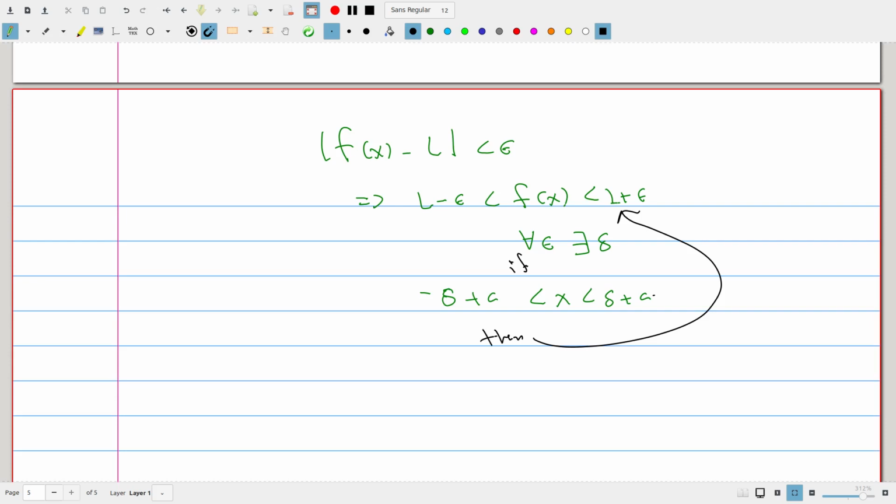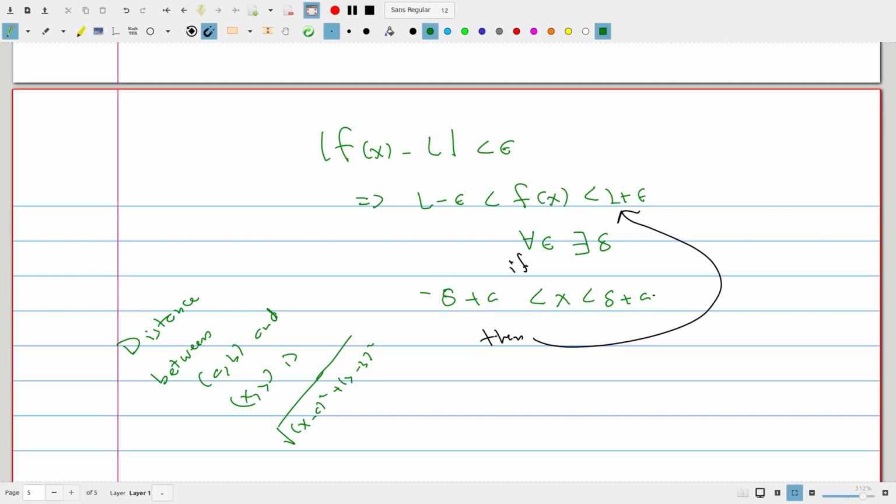What is the distance between (a, b) and (x, y)? It is, of course, the square root of (x minus a) squared plus (y minus b) squared. Right, so that's the distance. Cool, so let's do this diagrammatically.